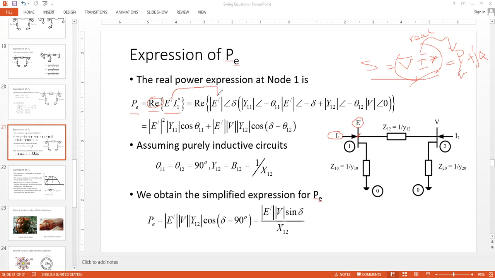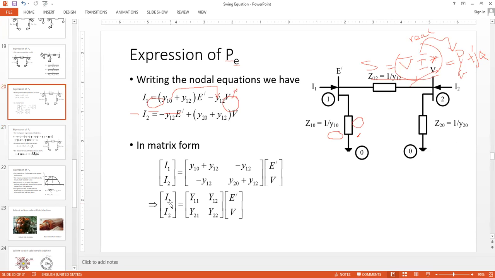E dash is the magnitude of E, and let's say the angle of E is delta, some phase angle. Now what is I1 conjugate? From where do you get I1 conjugate? I1 is Y11 E dash plus Y12 V.